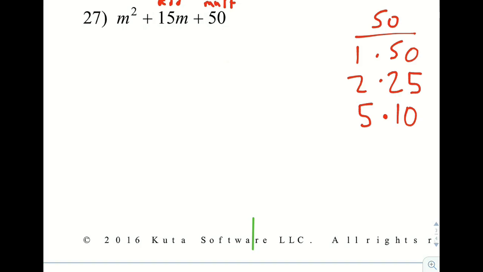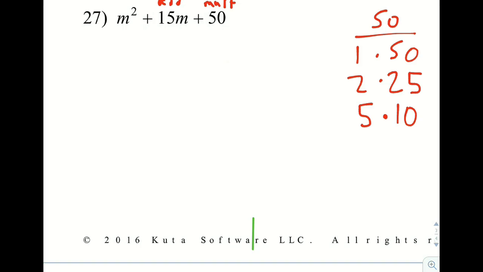If 3 doesn't go in, 6 won't go in. 7 times 7 is 49, but not going to be a factor of 50. 8 doesn't go in, just like 4 doesn't go in. 9 doesn't work, and we're back up to 10. So this is our complete list.